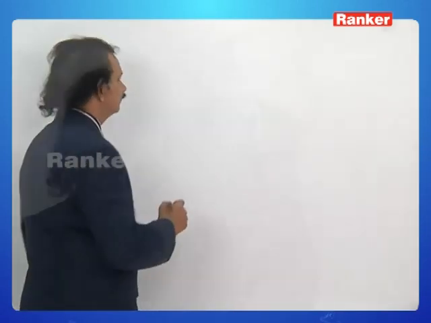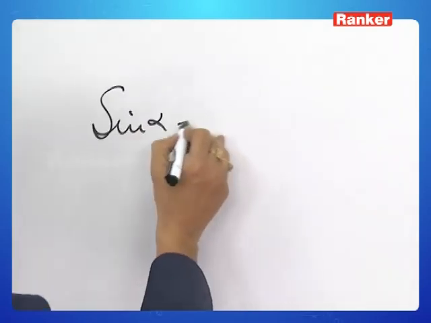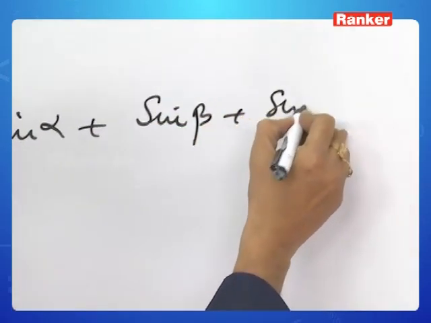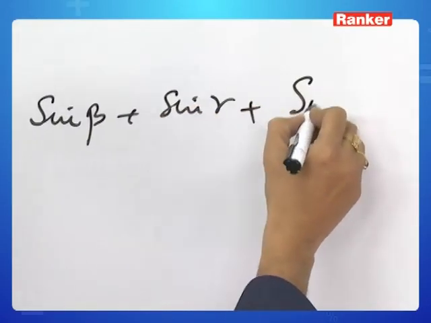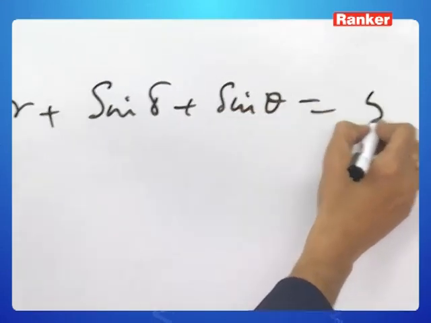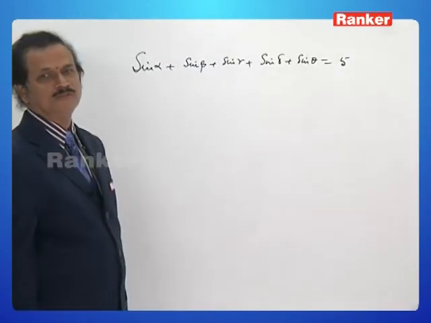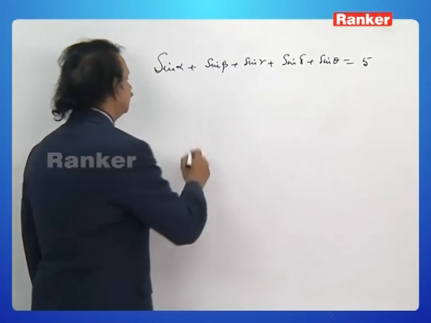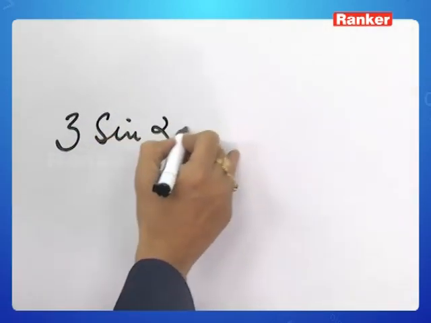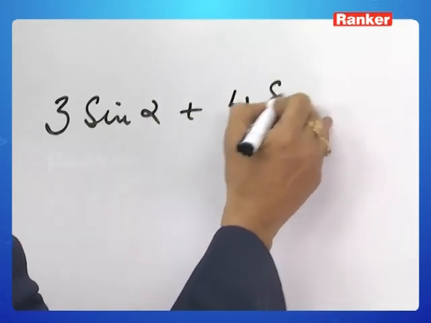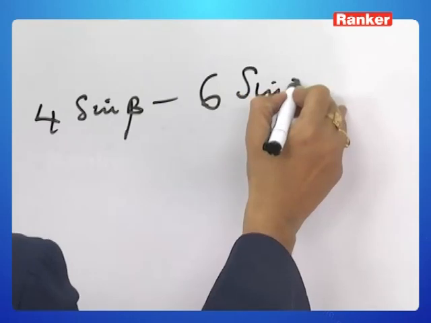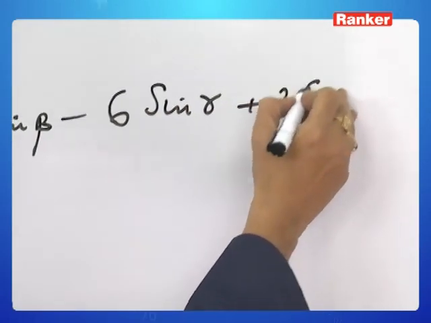Look at this. Sin alpha plus sin beta plus sin gamma plus sin delta plus sin theta is equal to 5. Then the value of 3 sin alpha plus 4 sin beta minus 6 sin gamma plus 2 sin theta.